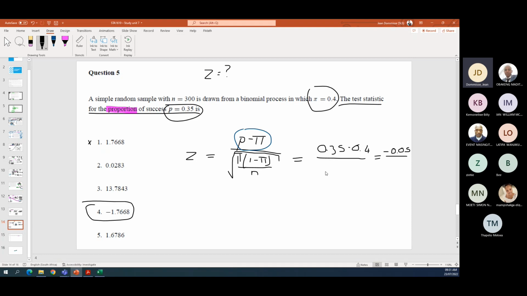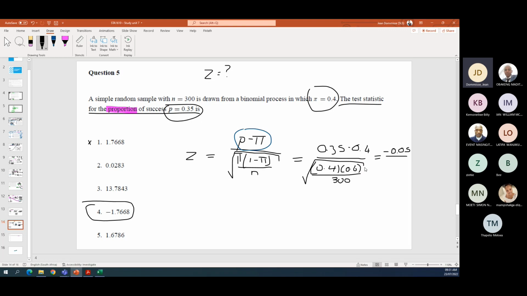So it is 0.4 times 0.6. What was in 300? So we need to work out that.